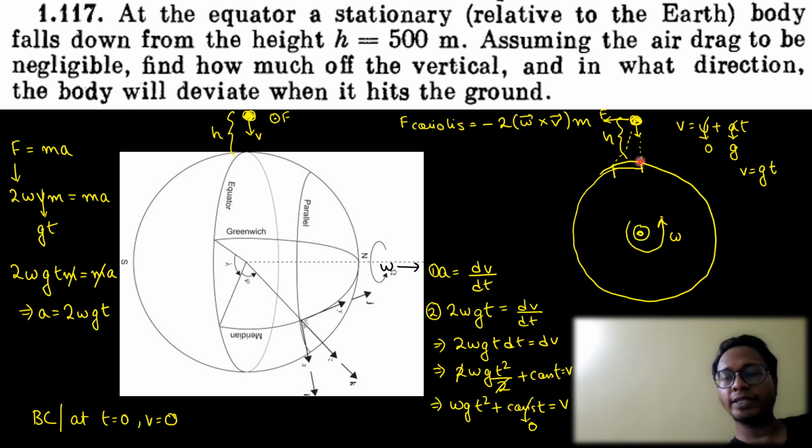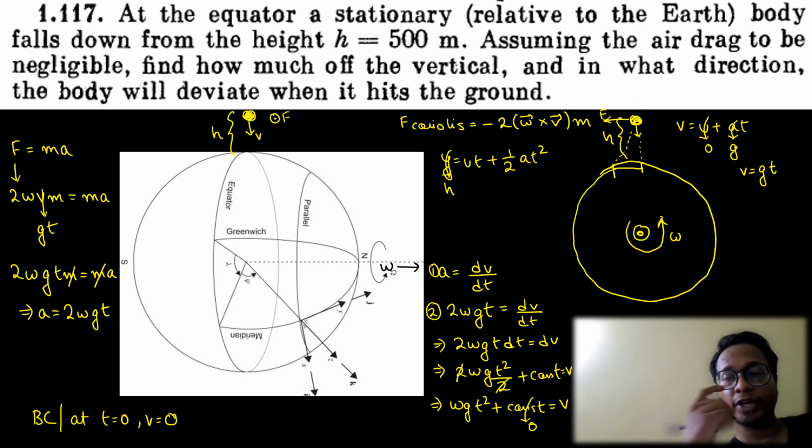Okay, if we simply apply y equals ut plus half at square in the vertical component, y is nothing but h.